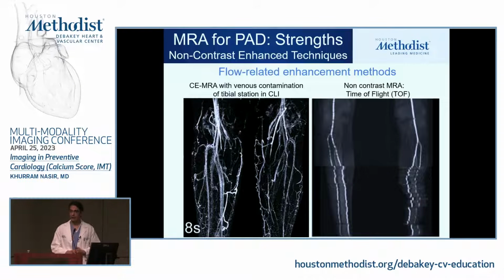Oftentimes, in those patients who have chronic limb ischemia, these patients have a lot of inflammation. Whenever there's a lot of inflammation, the extravascular, extracellular space is expanded. Both gadolinium and iodine will very quickly go from the arterial system into the venous system.